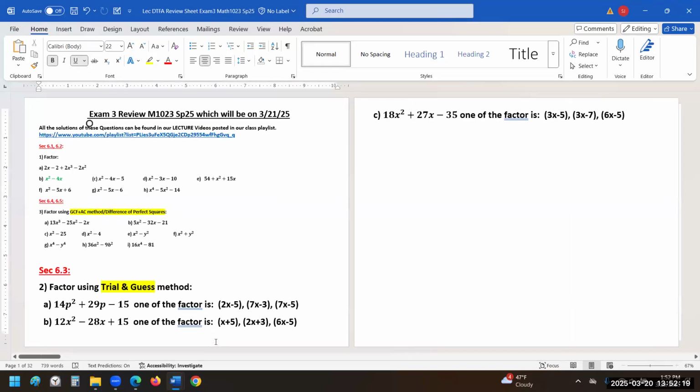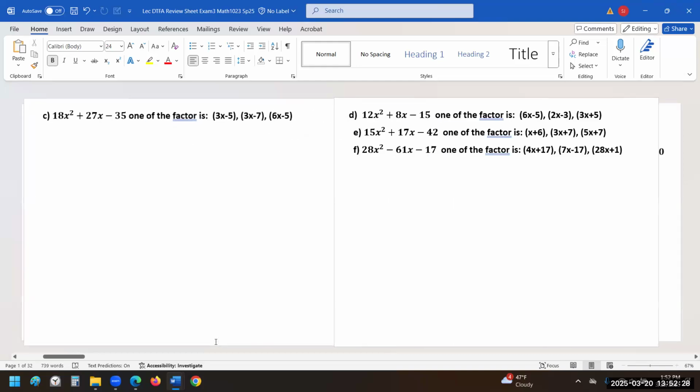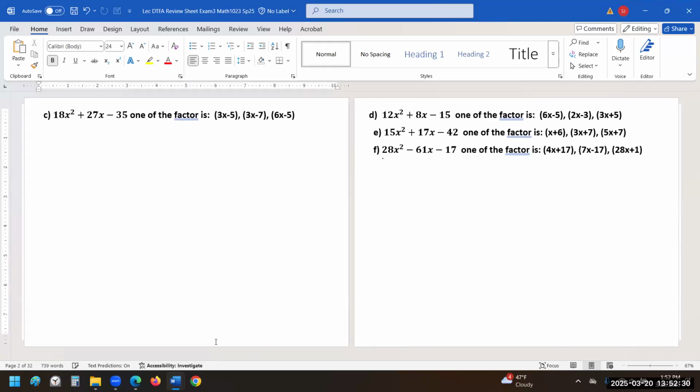Let's do one question about trial and error from chapter 6. Let's say this one. 17 and 28, two big numbers. If you multiply them, you get two big numbers. So trial and error is best. You look at your choices, you split them. So you have 17 and 1.